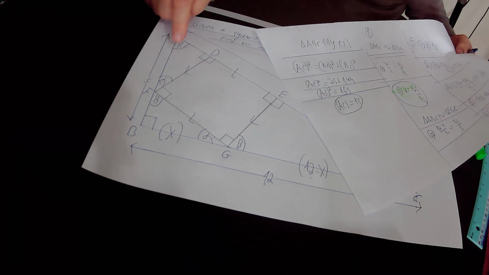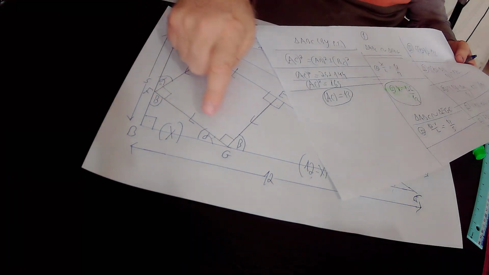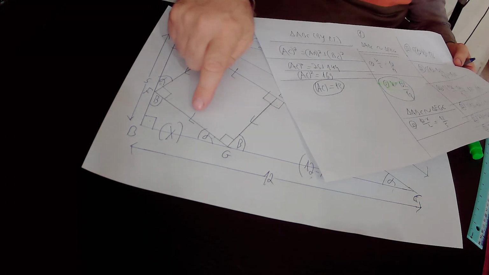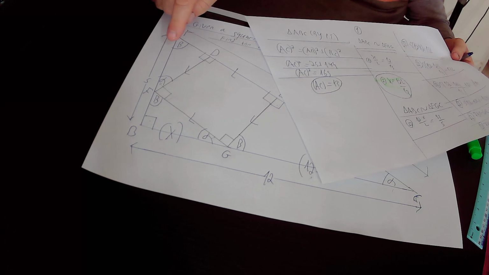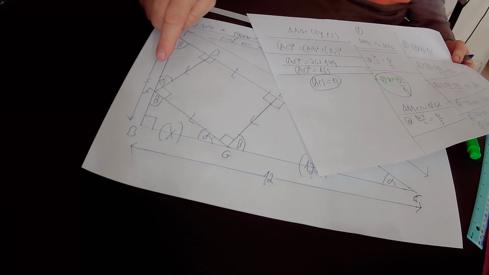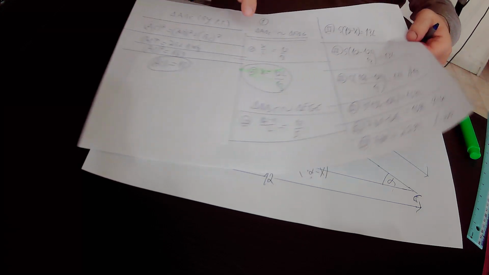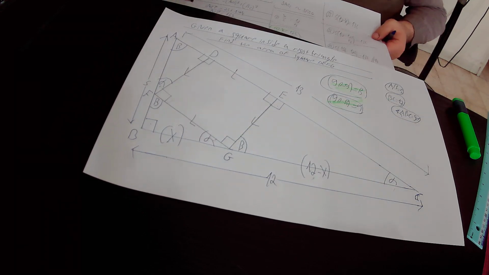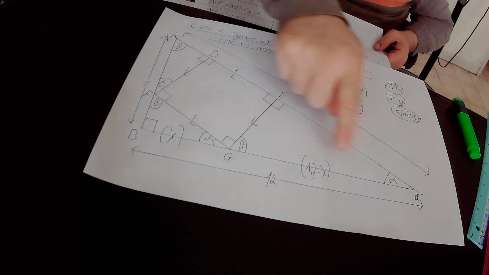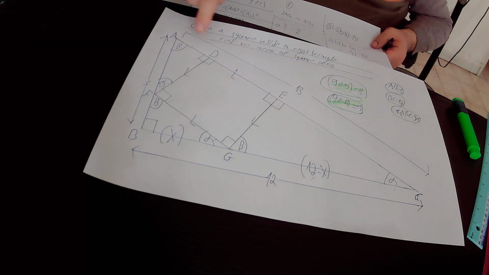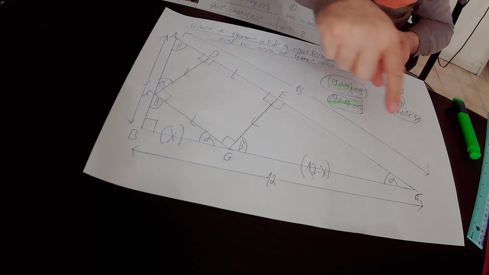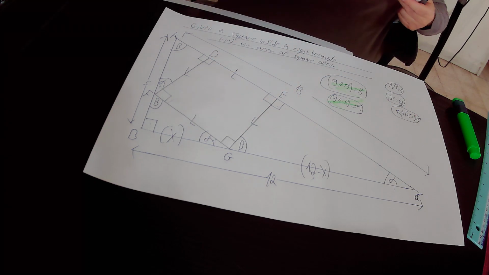So BG is X and FG is L. Therefore BG over FG is X over L. Here BC is 12 and AC is 13, therefore BC over AC is 12 over 13.